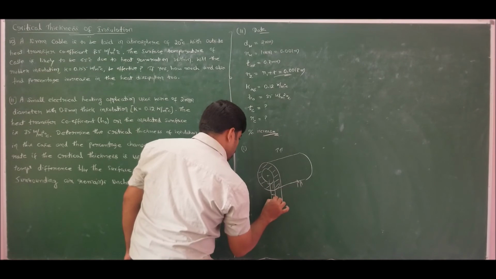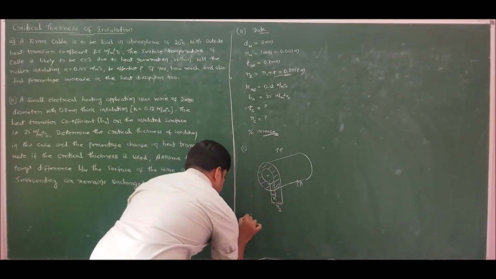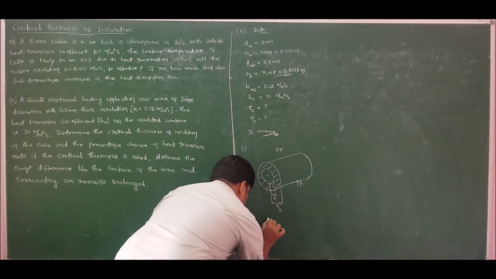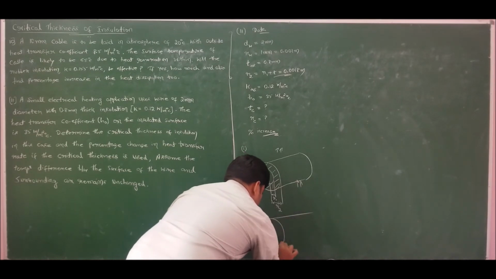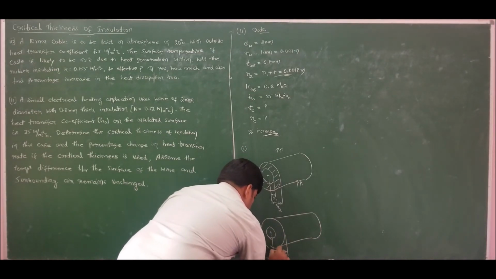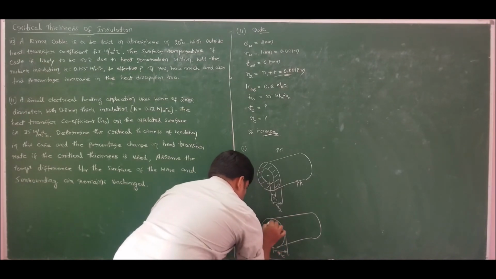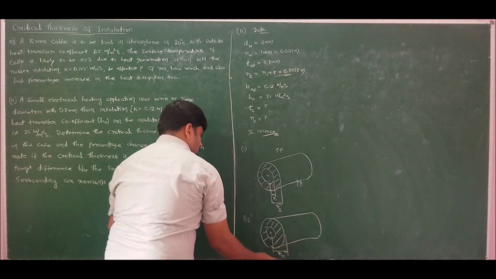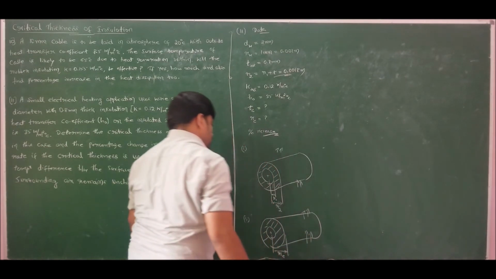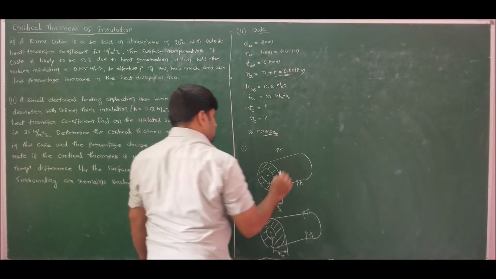This radius is R1 and this radius is R2. In the second case, if I increase this R2 to R critical, that is, increase the insulation to R critical, what is the result he is asking? So instead of R2, if I use R critical, what is the percentage increase is the question. So this is what he is asking for us.